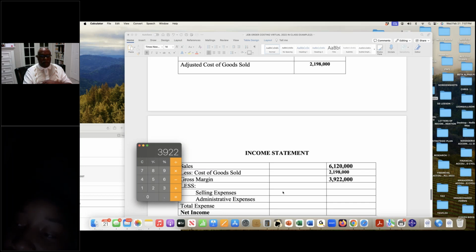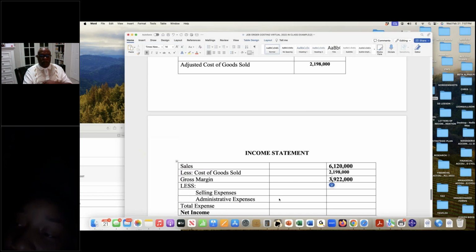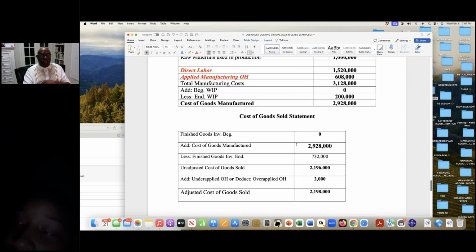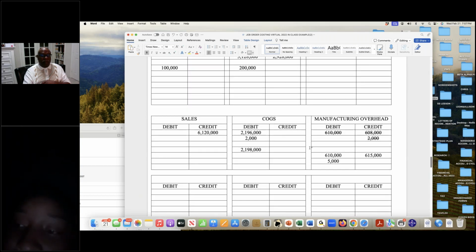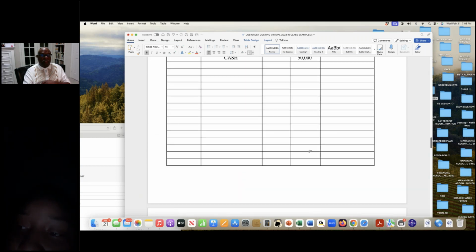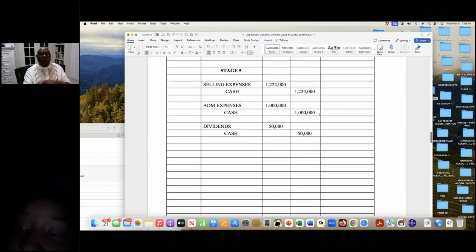We had selling expenses and administrative expenses. If you remember, the administrative expenses were $1 million. Then the selling expenses was $1,224,000.